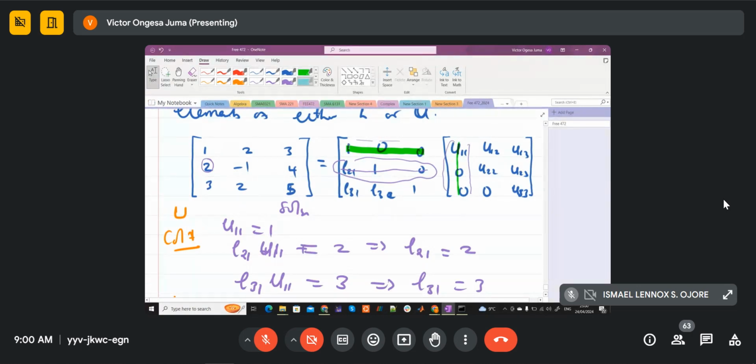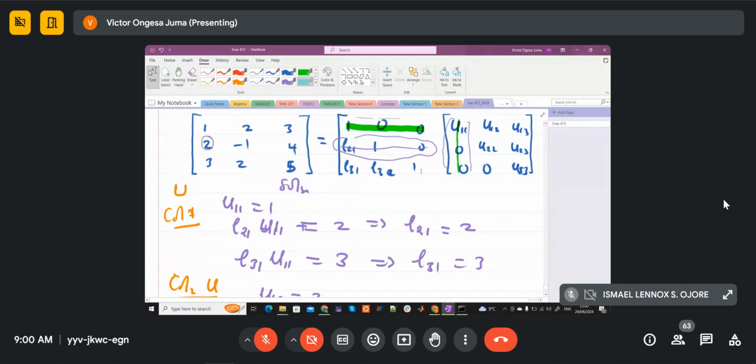Once you fix the diagonal entries of one of the matrices, either upper or lower triangular, then this factorization is unique. However, if you don't fix this, then the factorization is not unique. Any question?